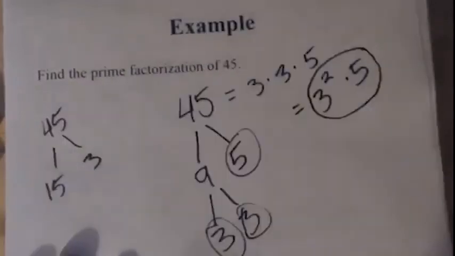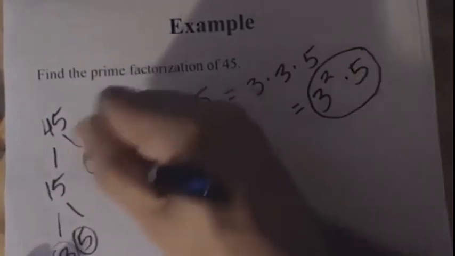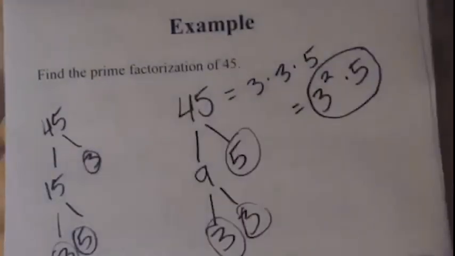We could have done this 15 times 3. And then 15 is 3 times 5. Either way, 3 times 3 times 5. Any way we break it up.